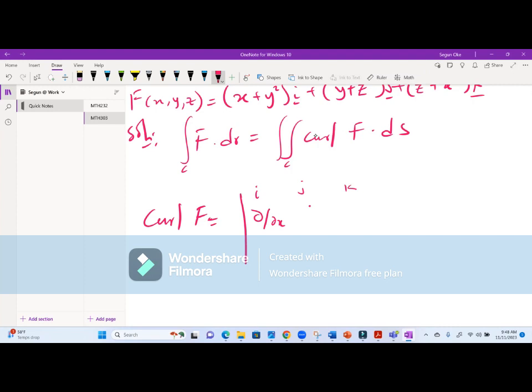What's the d dx of i? x plus y squared, right? Let's say j. For j, we have d dy of y plus z squared. For k, d dz of z plus x squared.